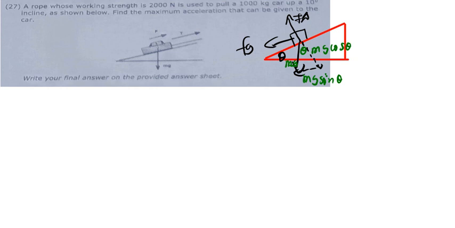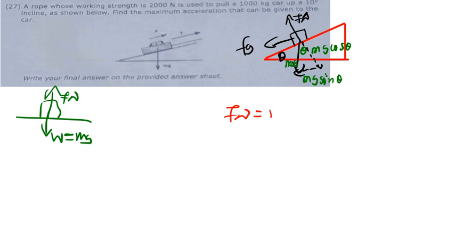Now, if we have an object on a straight line, the normal force is equal to the weight force, which is mg. In this case, the normal force is in a straight line with mg cos theta. Therefore, the normal force on an incline will be equal to mg cos theta.